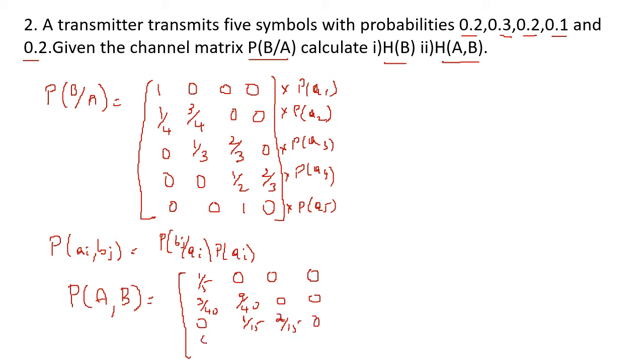Fourth row 0, 0, 1 by 30 and 1 by 15. The last row you are going to get as 0, 0, 1 by 5 and 0. So this is your joint probability matrix P of A comma B.